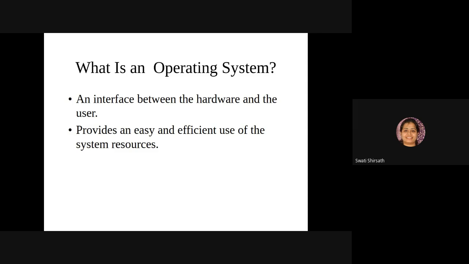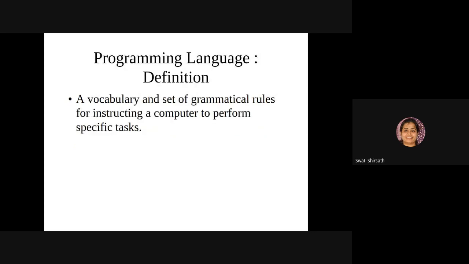Who is the user? We are the user. So the hardware's machine language they convert into something that we can understand, and that is what we call the operating system. It is the interface between hardware and the user. What it provides is easy and efficient use of the system resources. That's it.